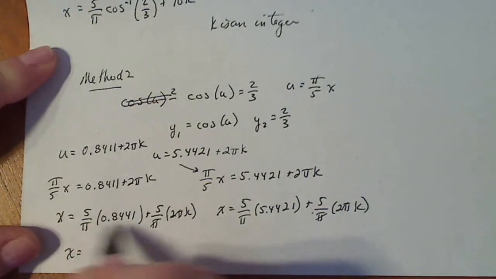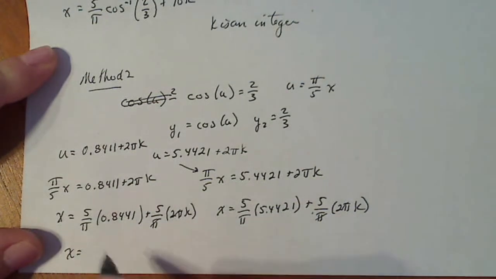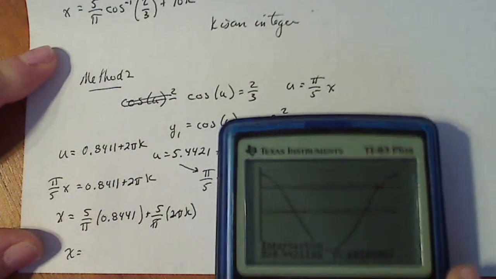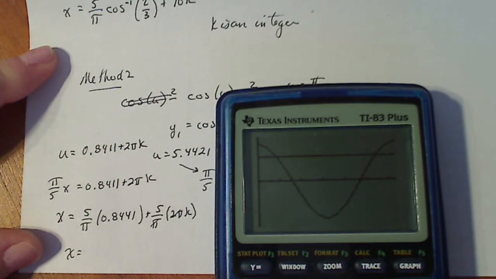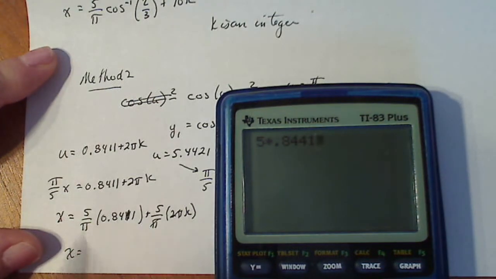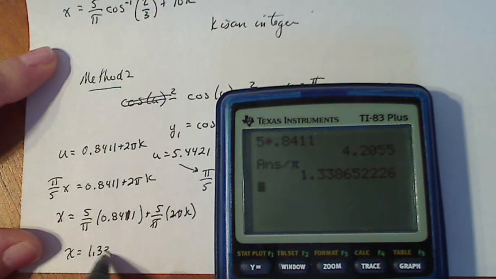So you can use your calculator now to estimate this. 5 times 0.8411, divided by pi, 1.3387 plus 10k.